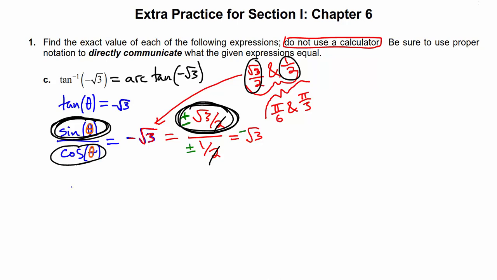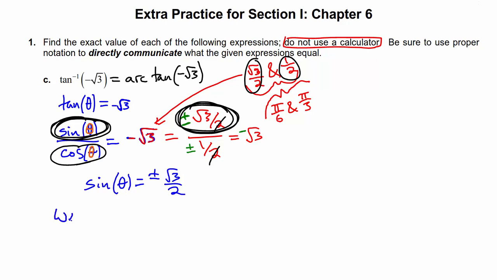We see that a consequence of this discussion is that we're going to need a sine value that is plus or minus square root of 3 over 2. So this helps us narrow in on the angle that we're going to need. We're going to need an angle that has a sine value of plus or minus square root of 3 over 2.